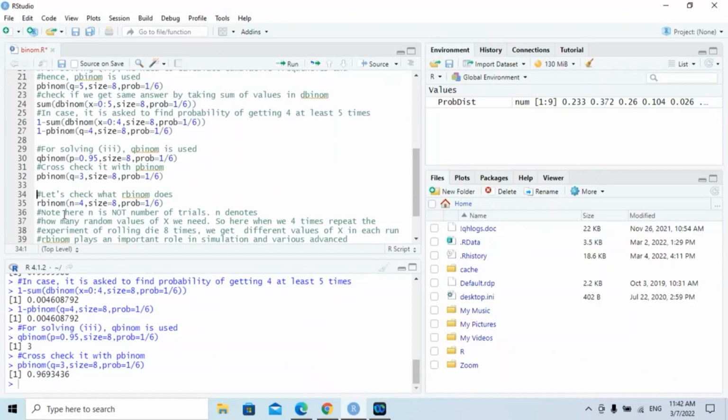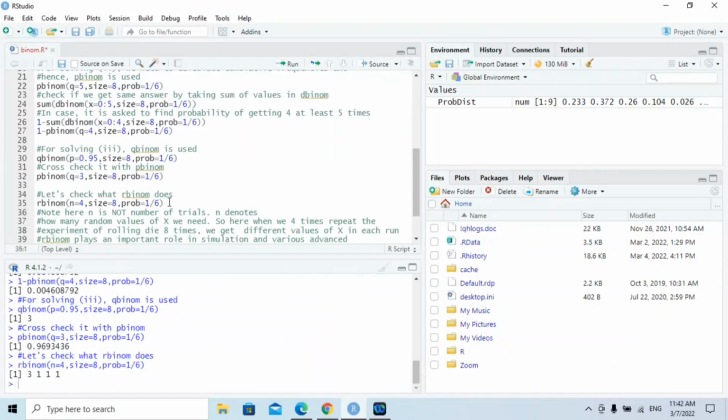So r binom of n equal to 4, size and probability are parameters in the distribution. So if I run the command, you can see 3, 1, 1, 1. So here n basically is not the number of trials, but it denotes how many random values of that binomial random variable we need.